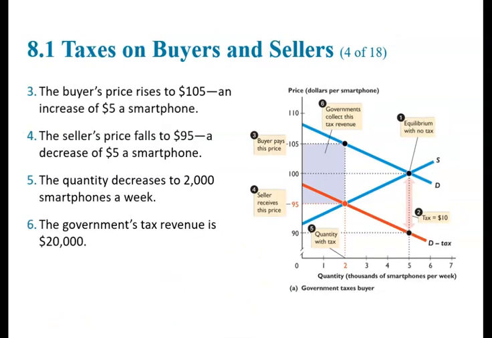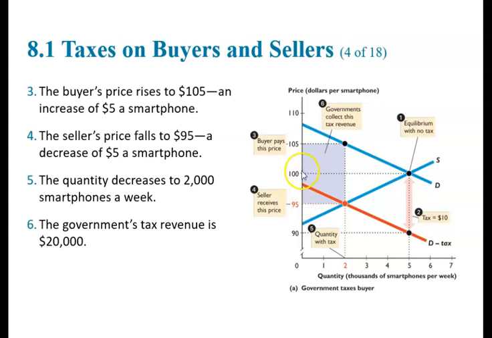The important thing to note here is how much of the burden falls on the buyer and how much of the burden falls on the seller. So think about this. This was the initial price of $100, and now the price that the seller receives is $95.